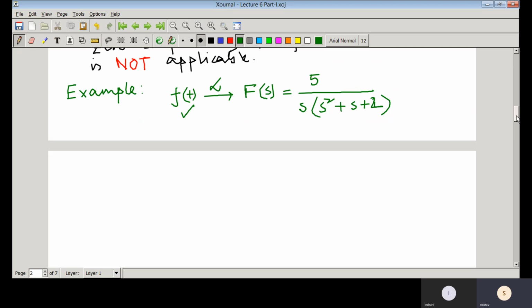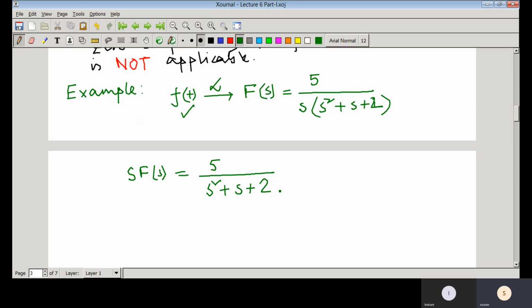But before applying it, we need to see whether sF(s) is analytic on the closed right half of the S-plane or not. If you compute sF(s), you will get 5 by (s square plus s plus 2). This function is analytic because the poles are lying in the left half of the S-plane.